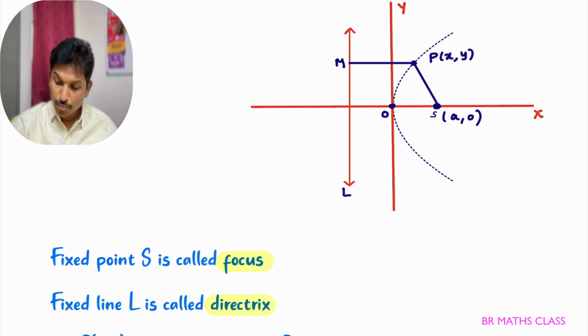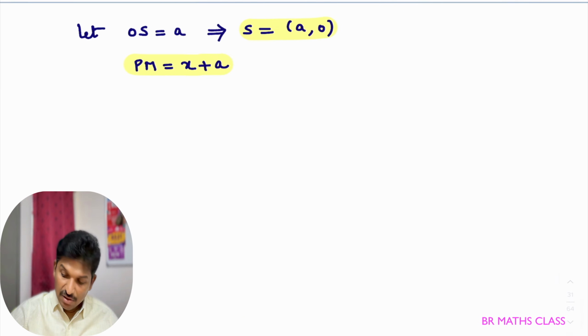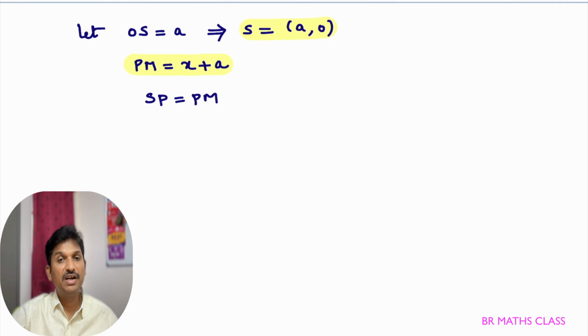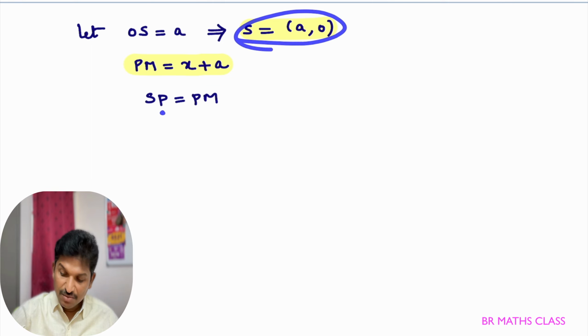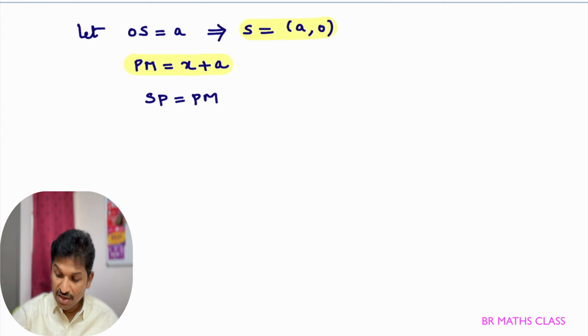Now we know point S, we know point P, and we know this length PM is x plus a. As per the definition, SP equals PM. Actually, what we are doing is deriving the equation of the parabola. S is (a, 0). What is P? P is (x, y).